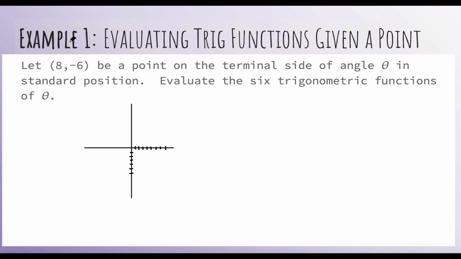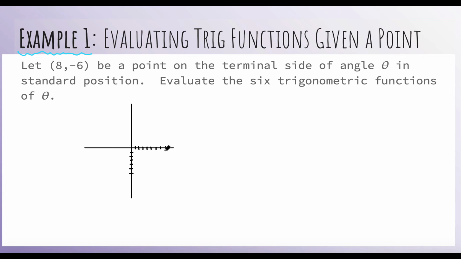All right, let's look at our first example. We're going to evaluate our trig functions for a given point. Our point is (8, -6), and this is a point on the terminal side of angle theta in standard position. We're going to evaluate the 6 trig functions for theta. Notice (8, -6). Ask yourself, what quadrant is this in?